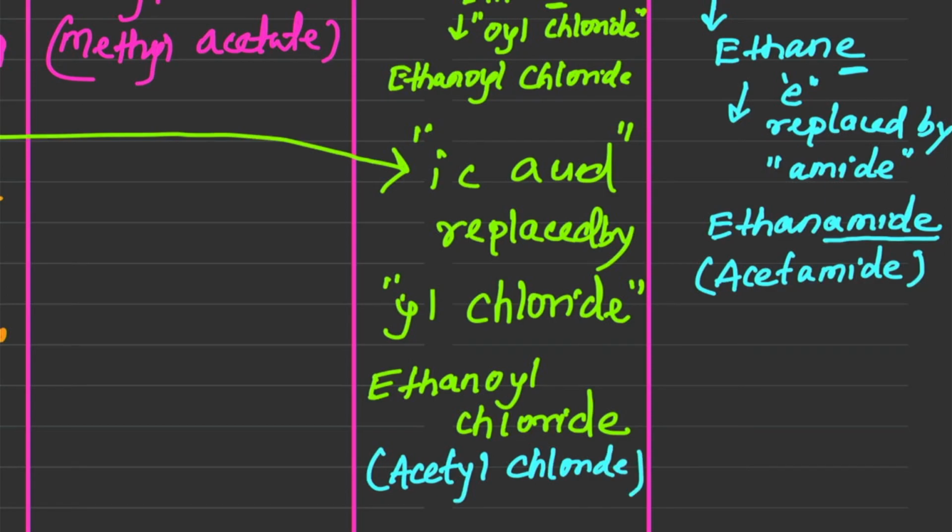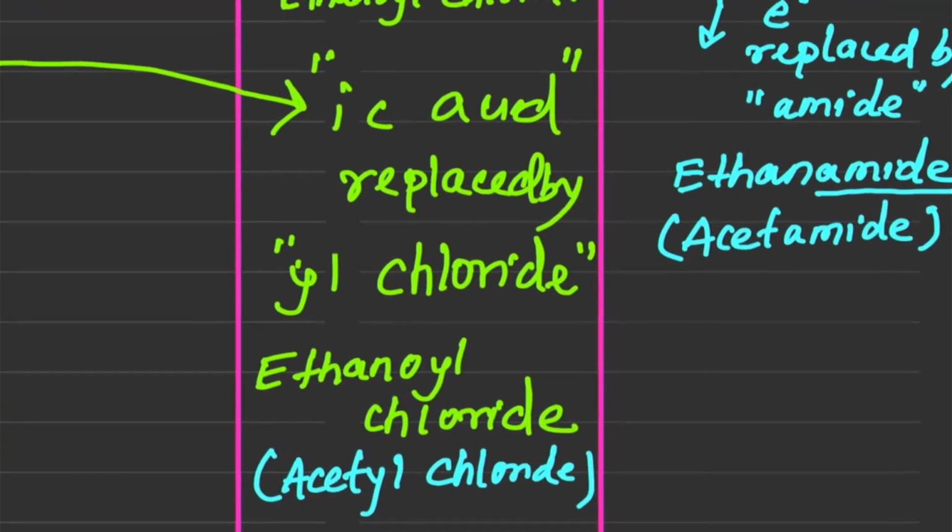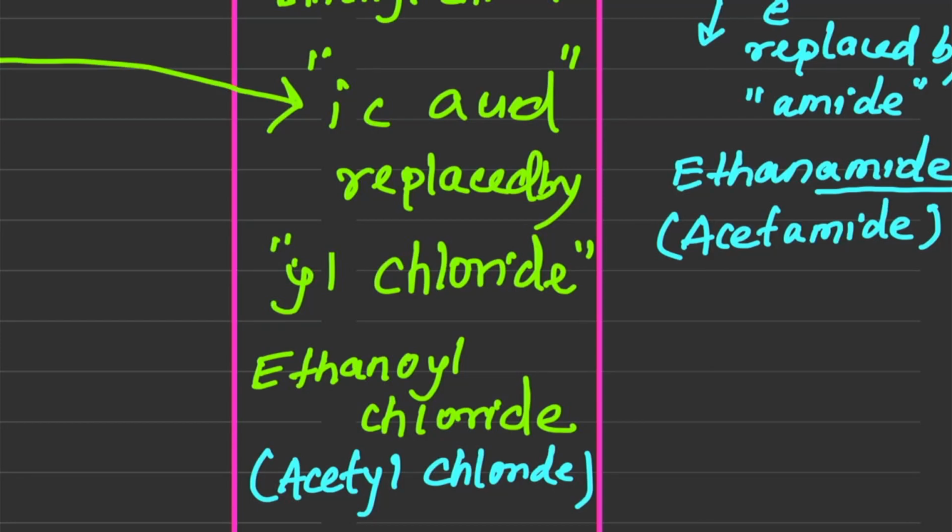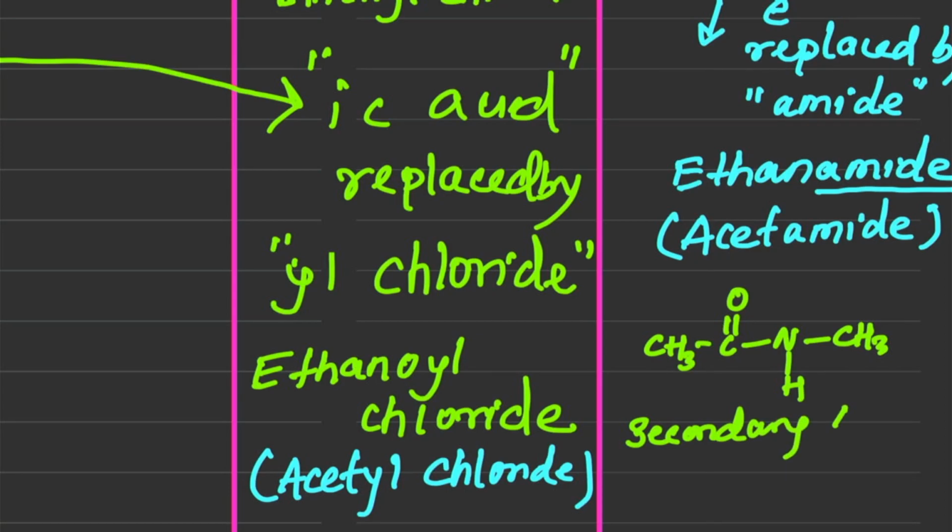Okay. So what if we make it slightly more complicated here? What if we got something like this, CH3, CO, N, CH3, H. So this is a secondary amide. Why is it called secondary amide?